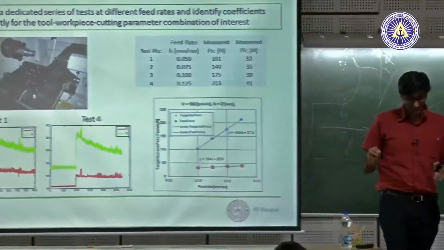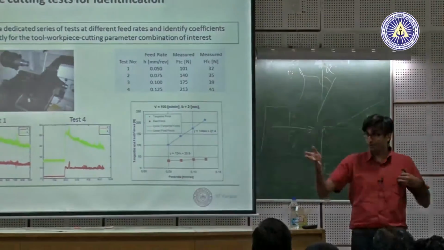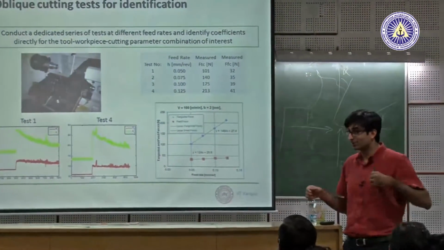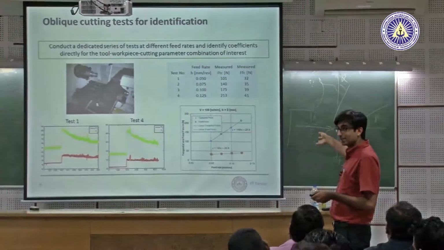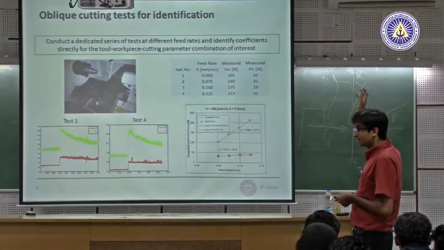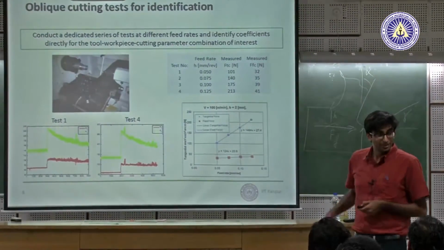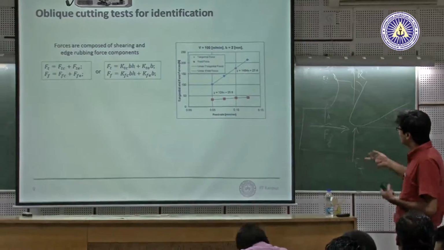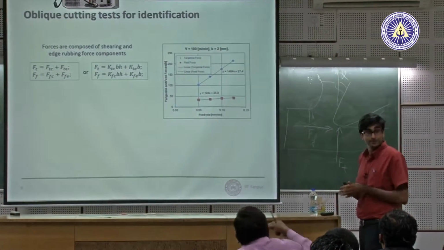That's what we want to do. Very simple to do this. You were asking how difficult it is to identify coefficients. To run 4 experiments takes 10 minutes, to fit this line takes even shorter. Yeah? So once you fit this, then the question is how do you get coefficients from this?